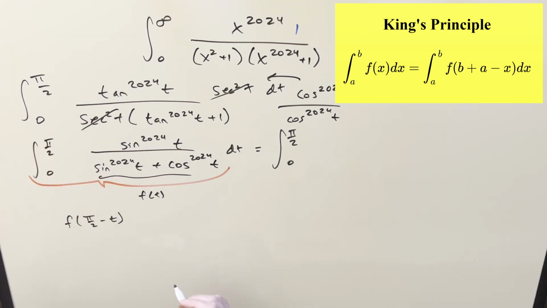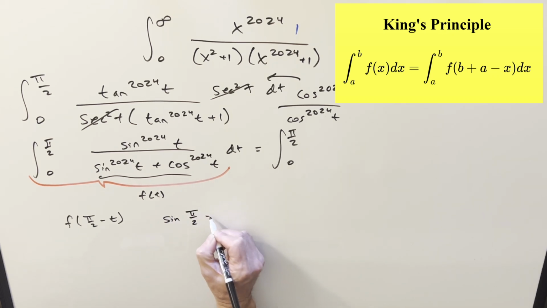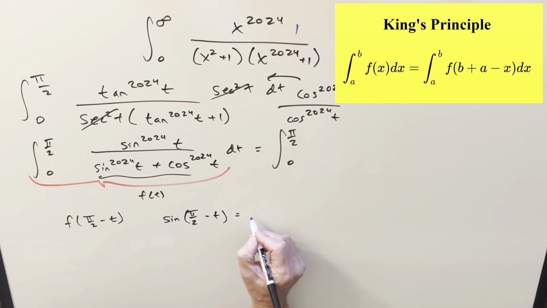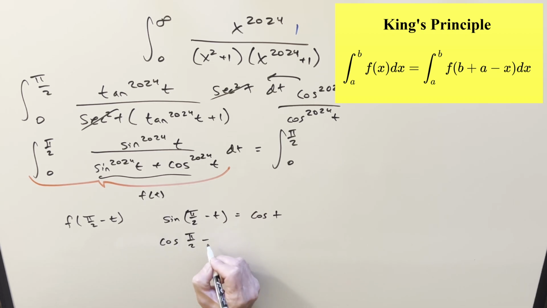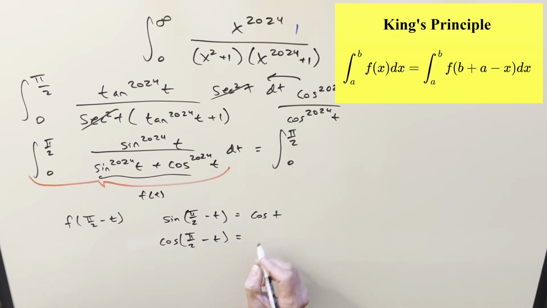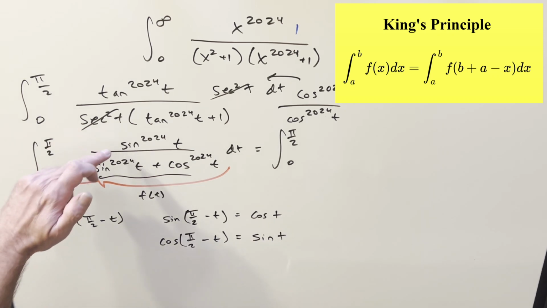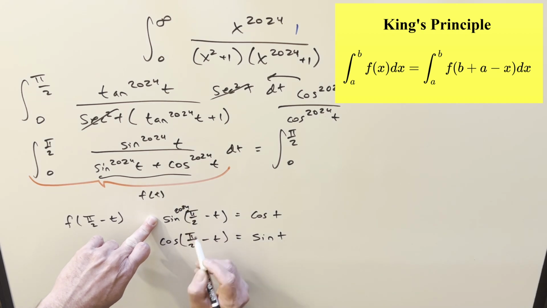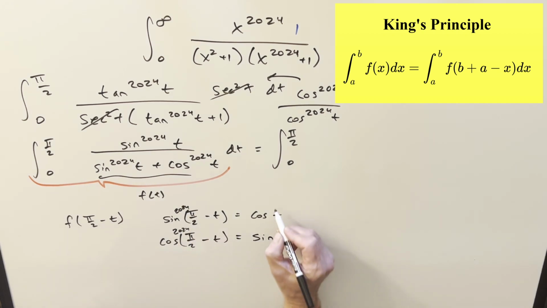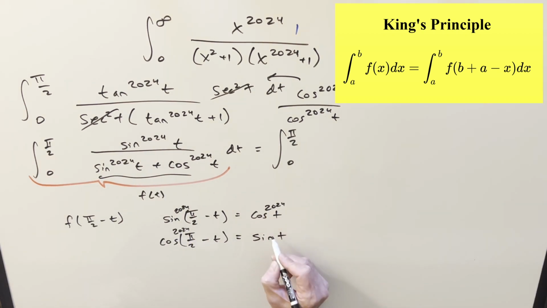Now, we only have two things to deal with: sine or cosine. Let's not worry about the exponents for the moment. Sine of pi over 2 minus t, by the complementary angle formula, is cosine of t. And the same kind of thing here: this just turns sines to cosines and cosines to sines, so this is sine of t. Putting the exponents back on, we get cosine 2024t and sine 2024t.